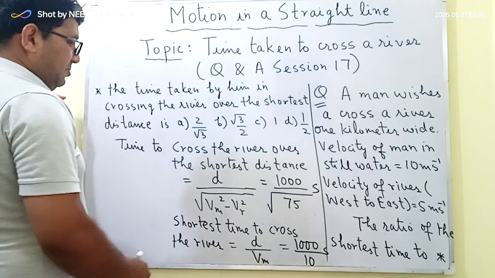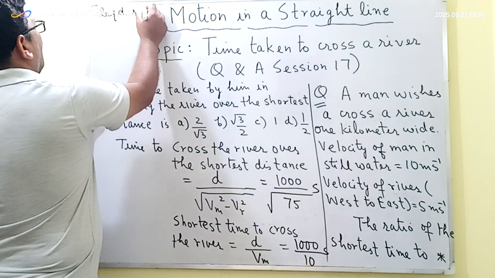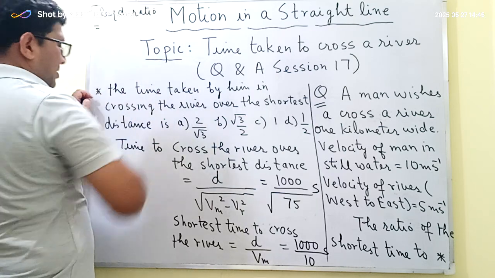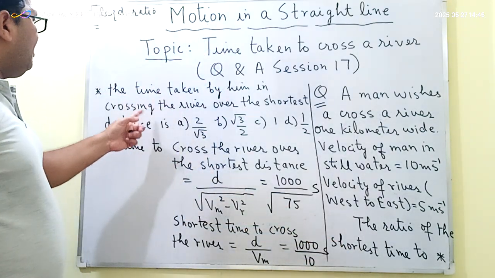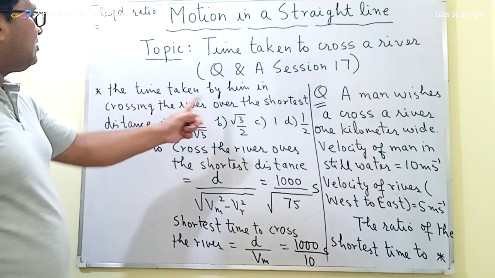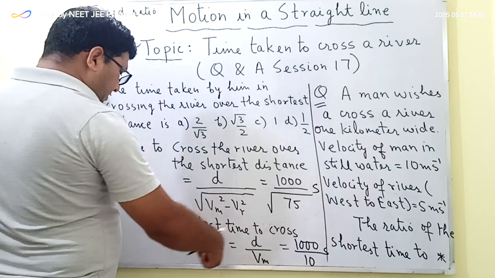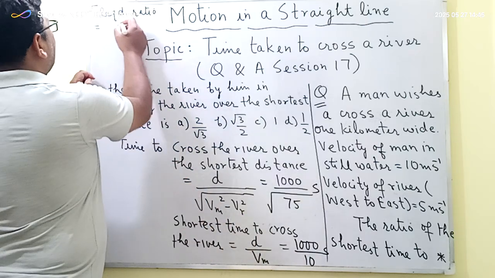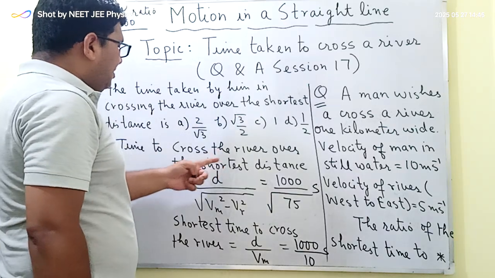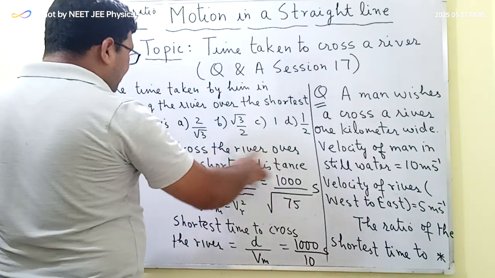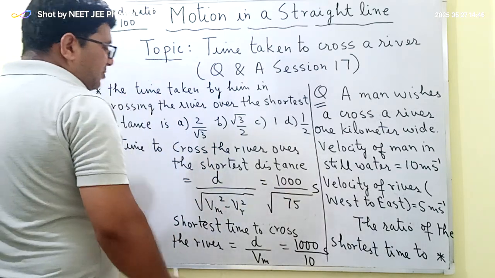So the required ratio, we have to find the ratio of the shortest time to the time taken by the swimmer in crossing the river over the shortest distance. So this will be equal to the shortest time, 100 seconds, divided by the time taken over the shortest distance, which is 1000 upon root 75.